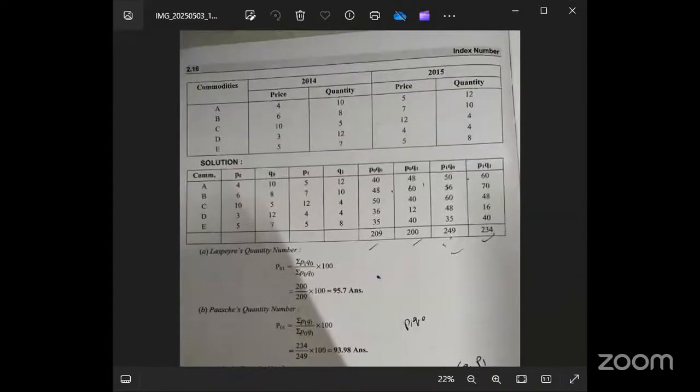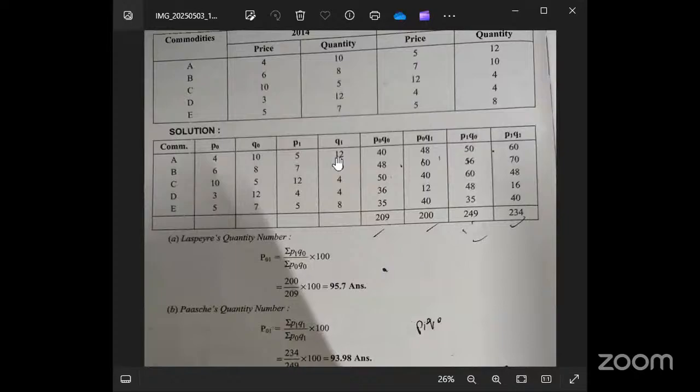See, so this table is same. What they ask us to find out is quantity index numbers.